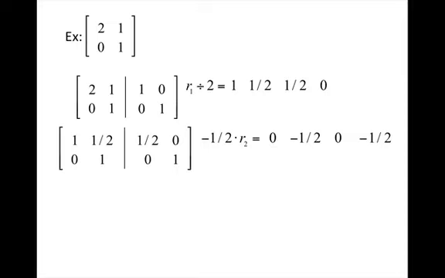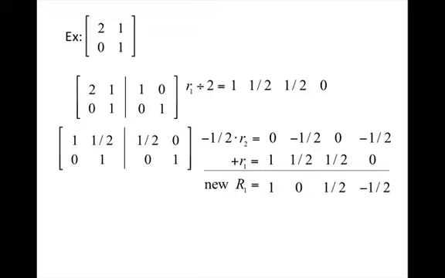I want to change row 1, so I'm going to add row 1, which is 1, 1/2, 1/2, 0. This is going to give me my new row 1. Well, 0 plus 1 is 1. The negative 1/2 plus 1/2 gives me the 0 that I wanted. 0 plus 1/2 is 1/2, and negative 1/2 plus 0 is negative 1/2.